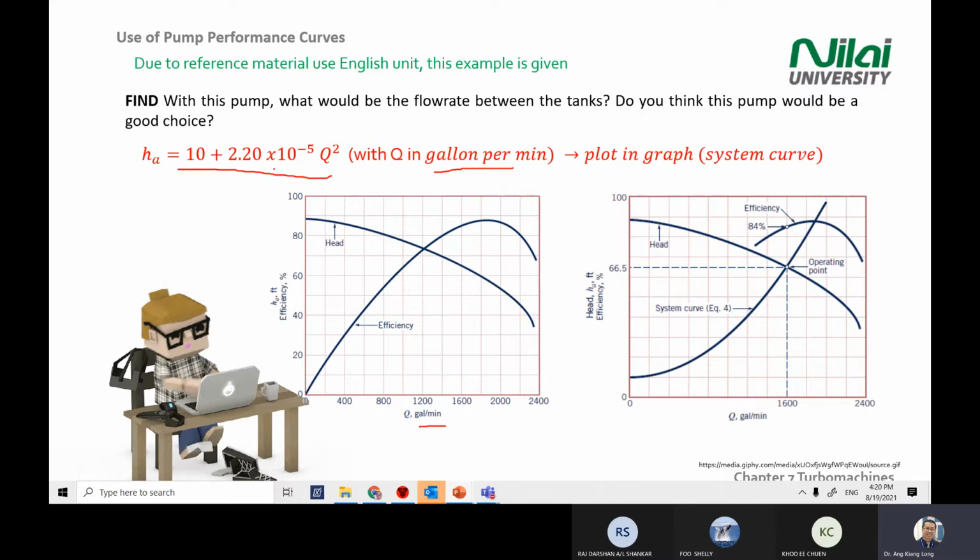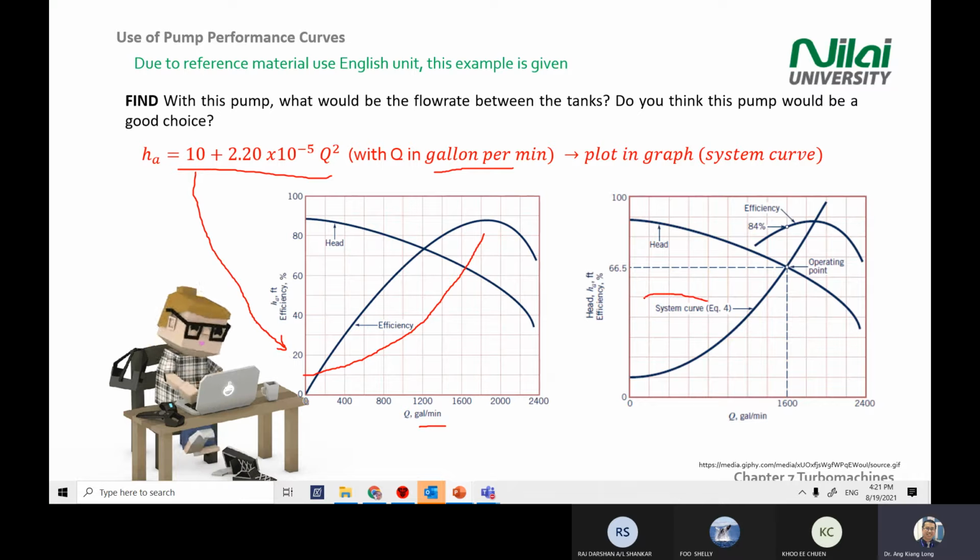So you plot this graph and it will give you this line. This red line is according to this equation. We call it the system curve.